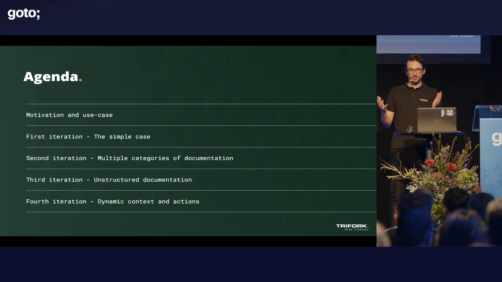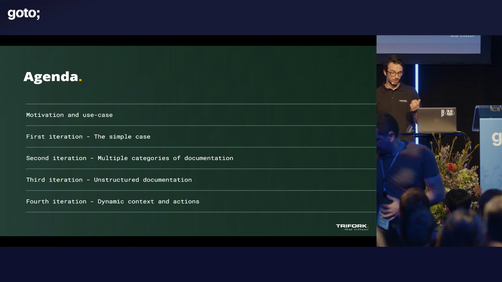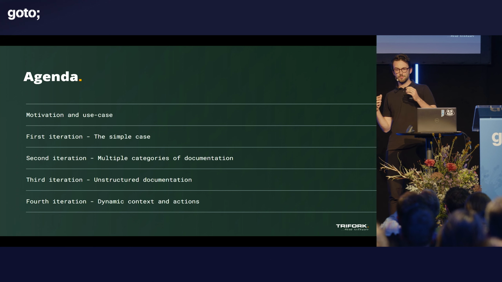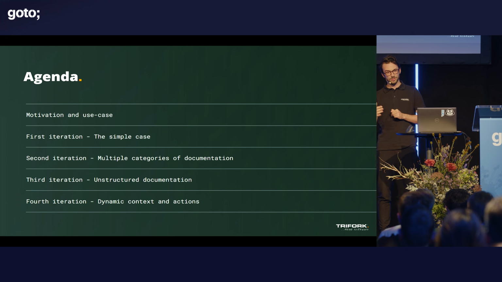The agenda for this talk is I'm going to start with trying to motivate both why do we use Retrieval Augmented Generation or RAG, but also try and explain what I mean when I say performant in this case, because there's many different facets of how performant something can be. Then I'm going to introduce the use case as well, because for the next steps, I'm going to go through iterations of a very homemade fake use case.